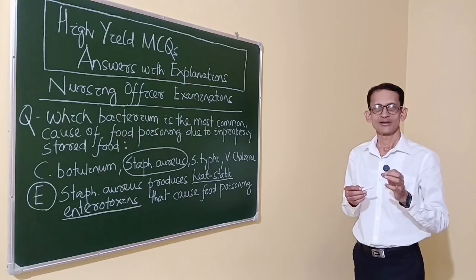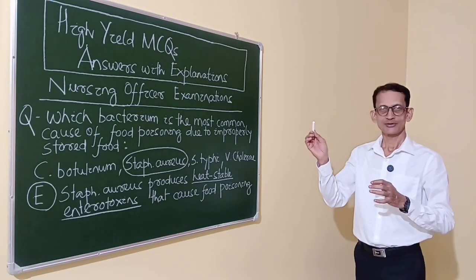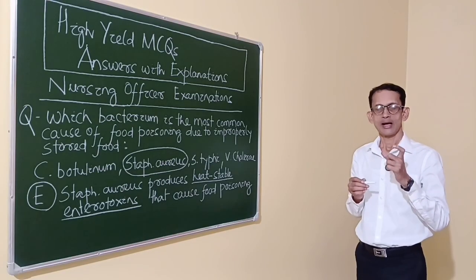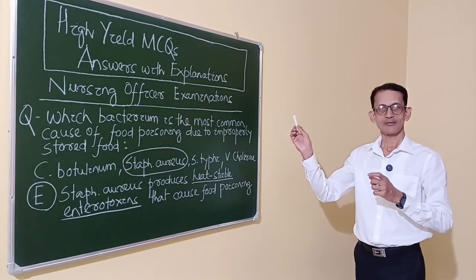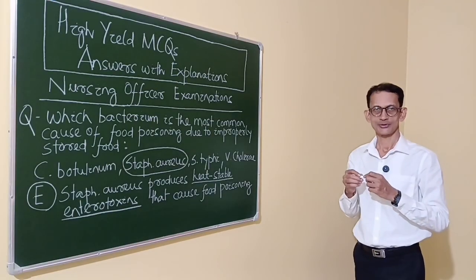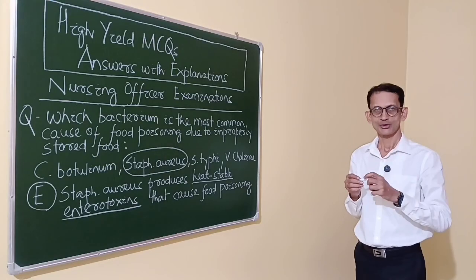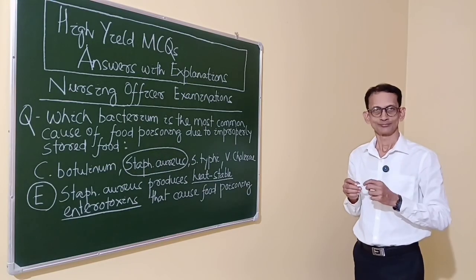We are continuing with high yield multiple choice questions, answers with explanations from the subject applied microbiology and infection control for nursing officer recruitment examinations. This is part 3. You must also watch the previous two videos, part 1 and part 2.